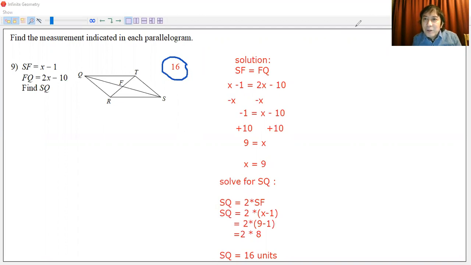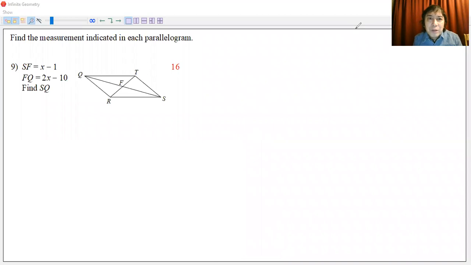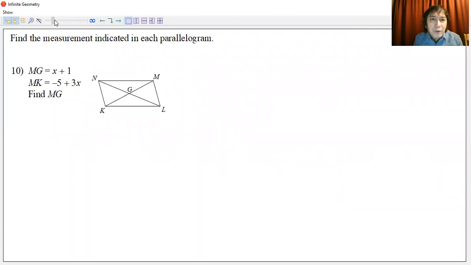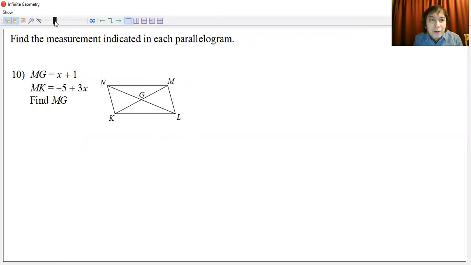Number 10. Let's continue with number 10. Let me clear the screen. This is now number 10. Let's enlarge it. Find the measurement indicated. Find mg.